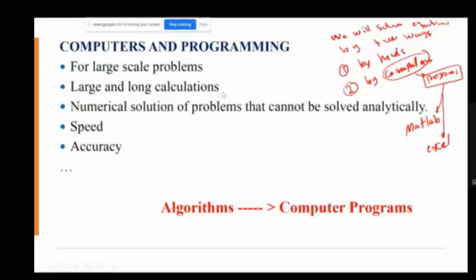Some problems need a long time, and it will be very difficult to get a confident result, I mean a good result, I mean a true result.